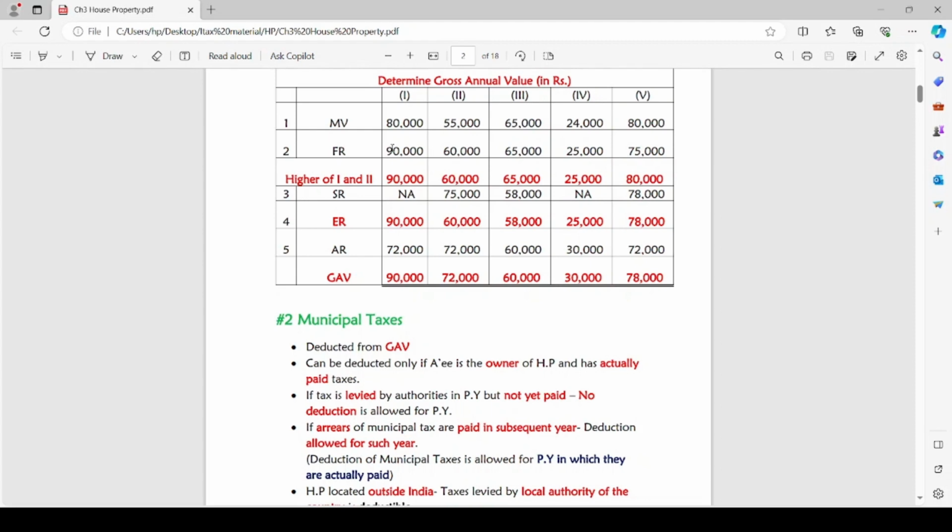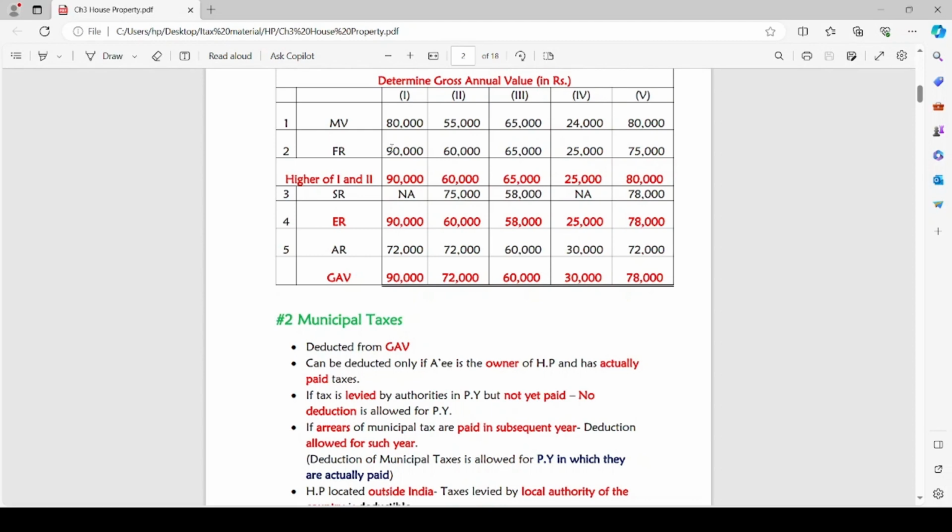The actual rent is given as 72,000 in our question. When we compare expected rent and actual rent, the higher of both is expected rent. So we take 90,000 as gross annual value.